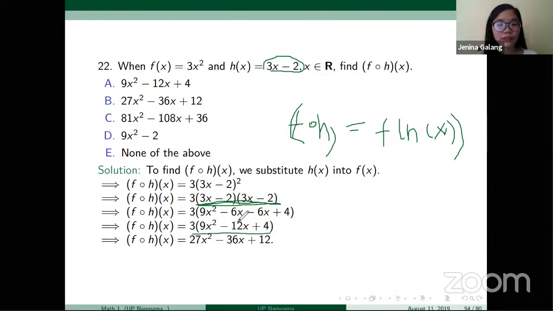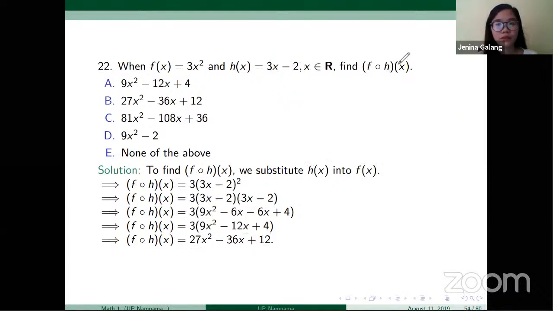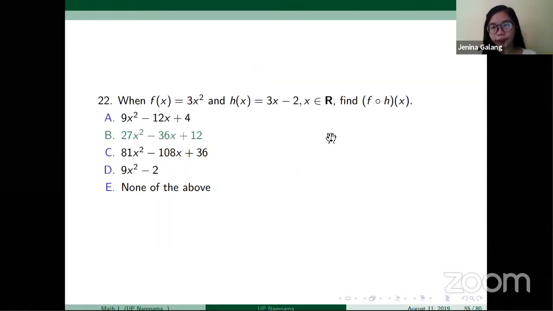And cancel, magiging negative 12x to. So we will have 27x squared minus 36x plus 12. So letter B.